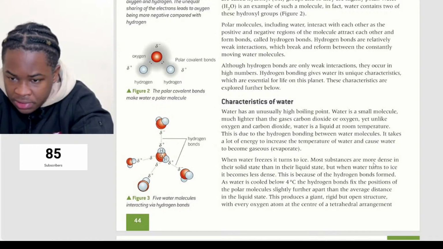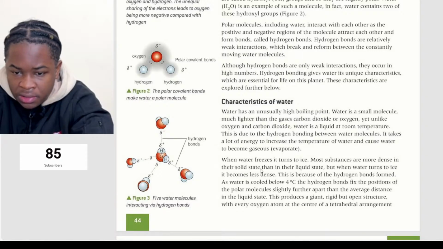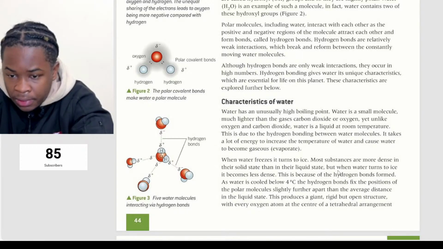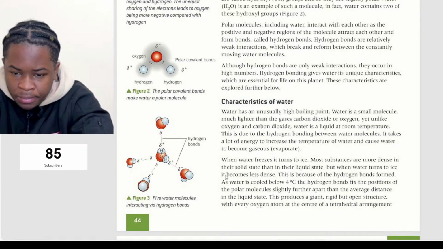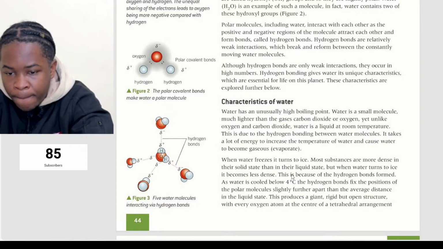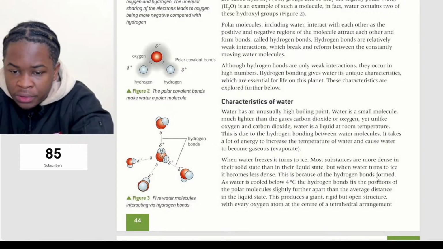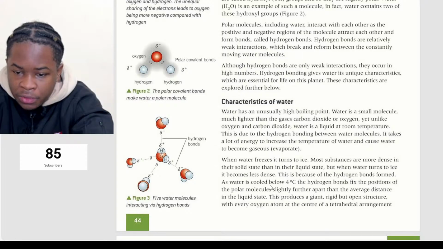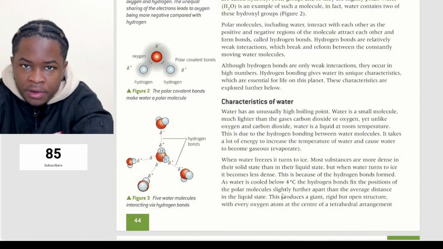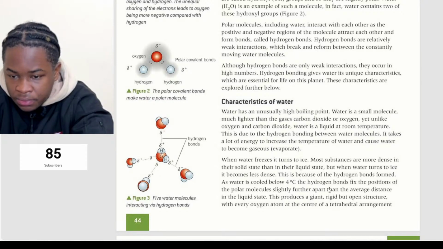When water freezes, it turns to ice. Most substances are normally more dense in the solid state than in the liquid state. But when water turns into ice, it becomes less dense. This is because hydrogen bonds form as water is cooled below 4 degrees Celsius. The hydrogen bonds fix the positions of the polar molecules slightly further apart than the average distance.